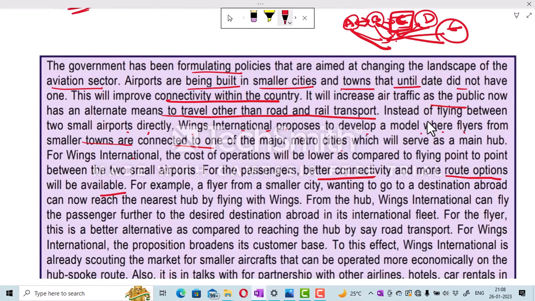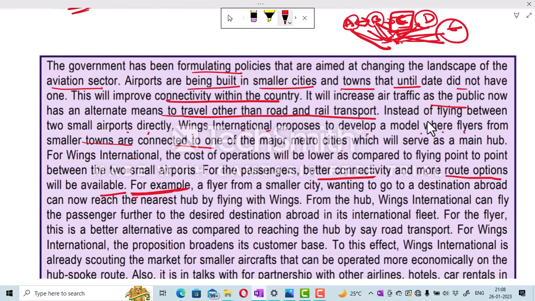But now they need to maintain for only cities, so that they'll come to the city and they'll go to wherever they want. This is beneficial to passengers also because they have more options to go after coming into the city. This is their plan as of now for the proposed scheme.